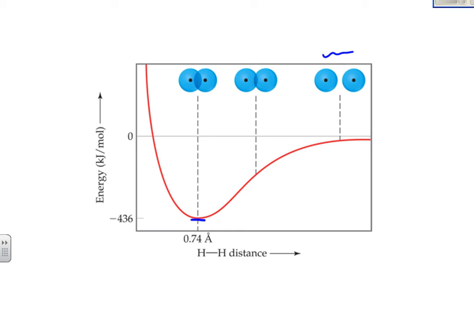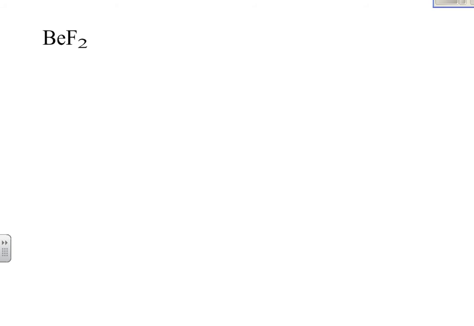So let's take a look at a few more examples. Here's BeF2, which is a known covalent substance. Now we're going to run into a slight problem here with this one. If I look at the beryllium, beryllium's valence shell, which are the ones that are going to be involved in bonding here, is a 2s, and that orbital has 2 electrons.